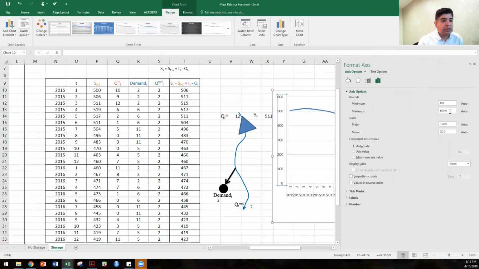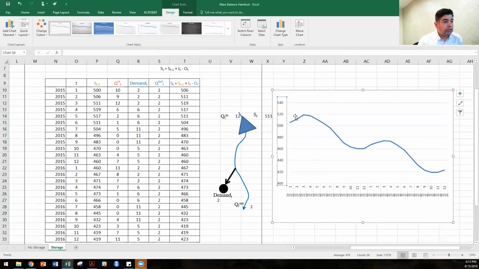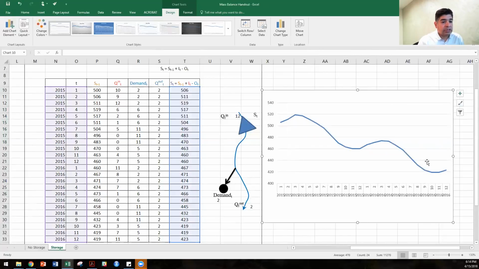So let's change this instead to 550, and this one to 400. So now you can actually see all these variables throughout the months, how the storage was changing.